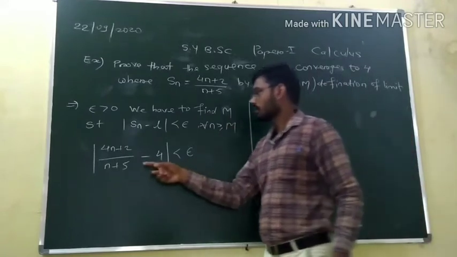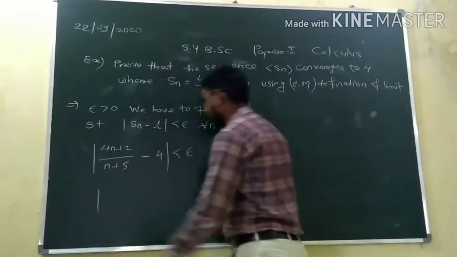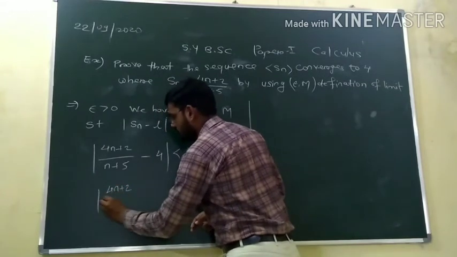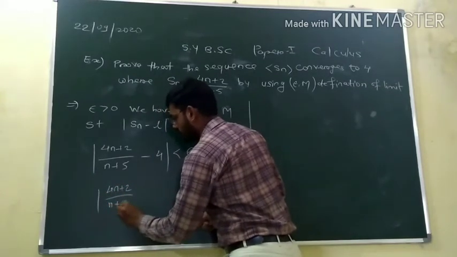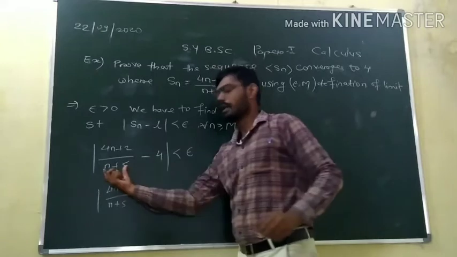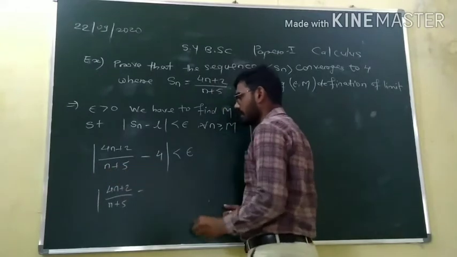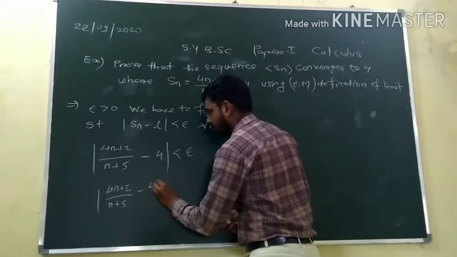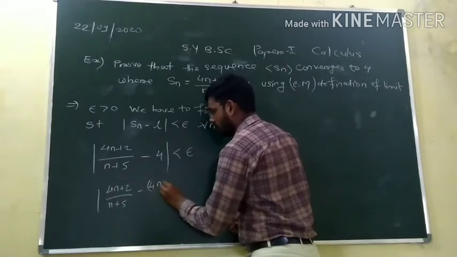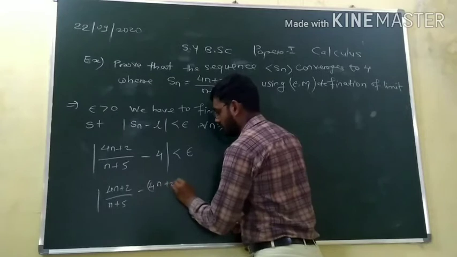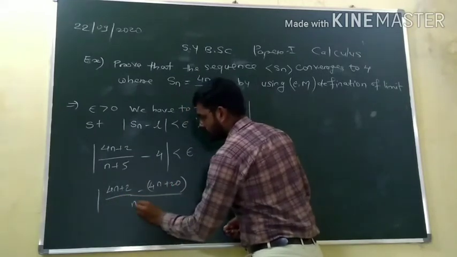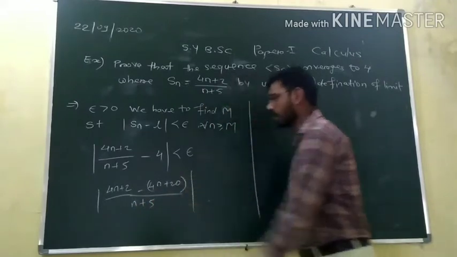So take the difference. This becomes (4n + 2)/(n + 5) minus 4, that is, minus 4 times (n + 5), so (4n + 2 - (4n + 20))/(n + 5).